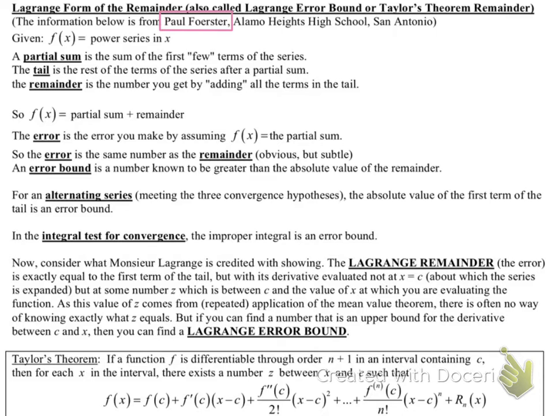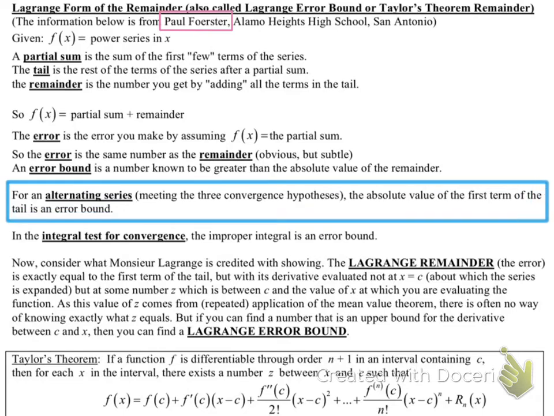So in the integral test of convergence, the improper integral is an error bound.